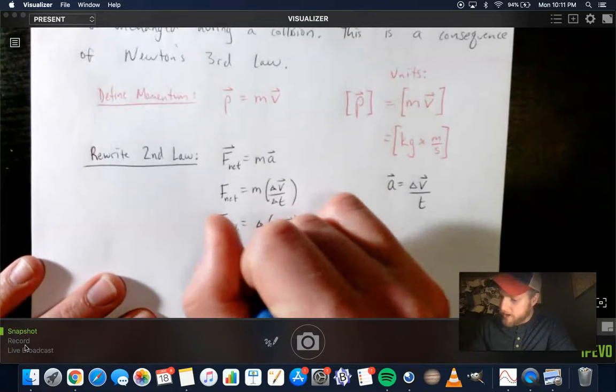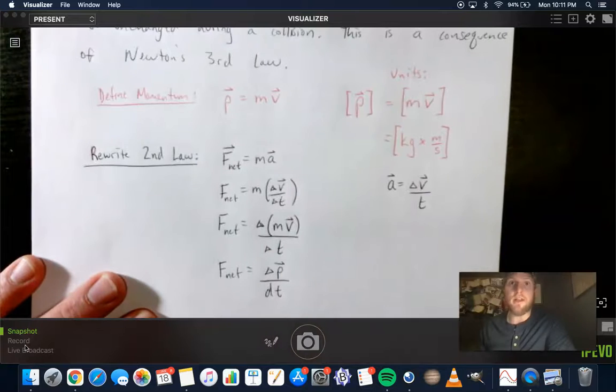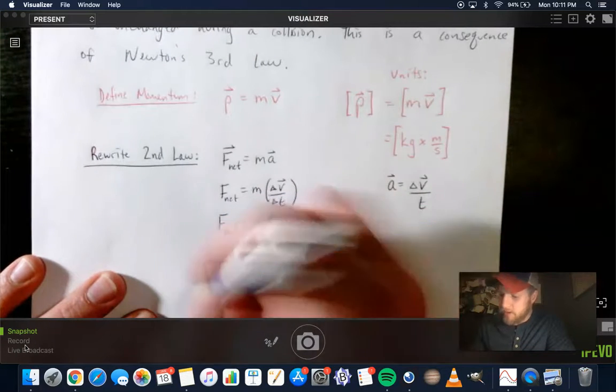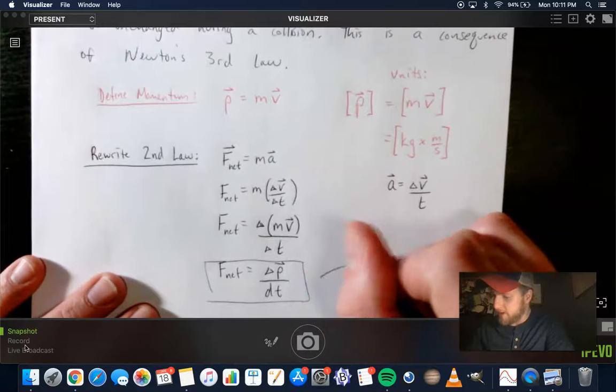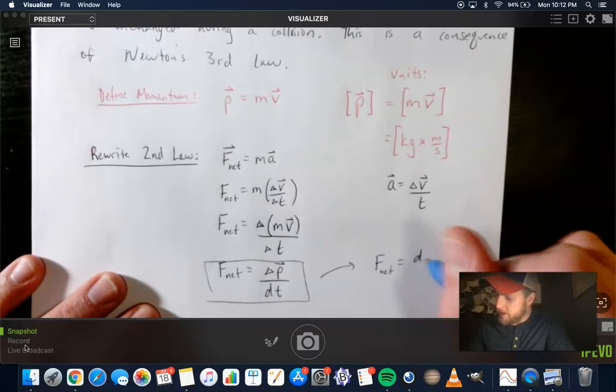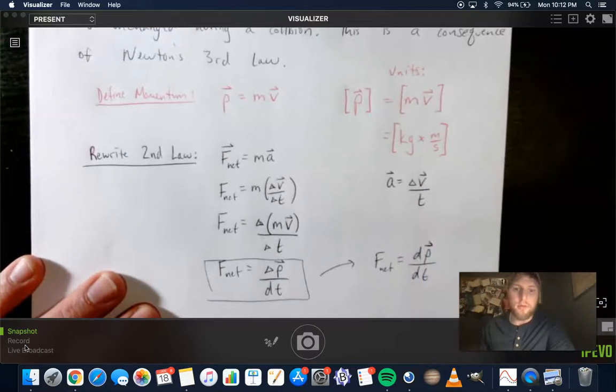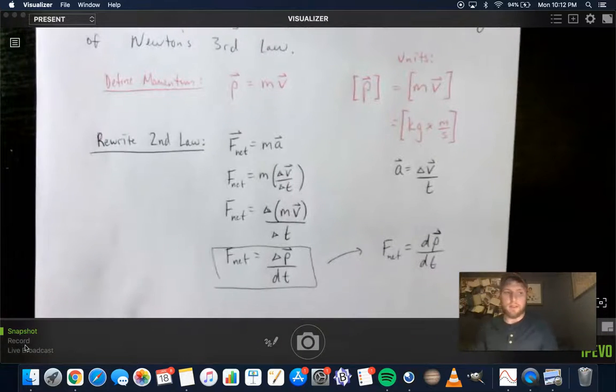So F net is equal to the change in momentum of an object over the change in time. That is just Newton's second law written with momentum. If you're in calculus, you can say Newton's second law is the time rate of change of momentum, or the derivative of momentum with respect to time.